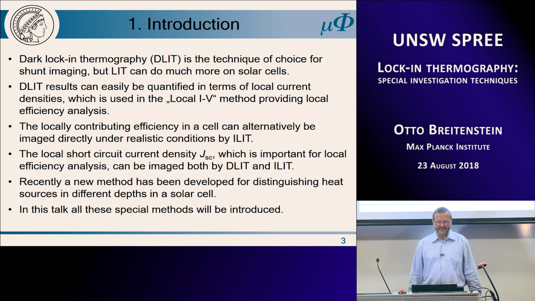And the locally contributing efficiency in a cell can alternatively be imaged directly under realistic illumination conditions by illuminated lock-in thermography, and even, as I mentioned, the short-circuit current density can be imaged. And moreover, recently we have developed a new method for distinguishing heat sources in different depths of a solar cell. In this talk, these methods will be introduced.